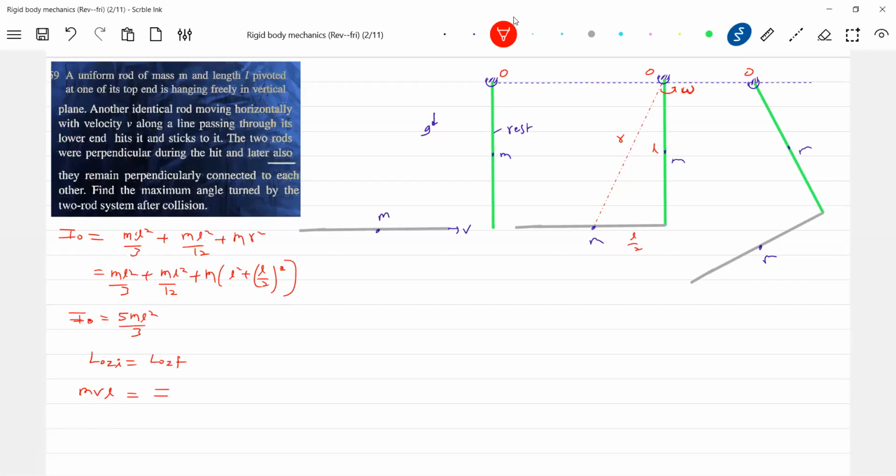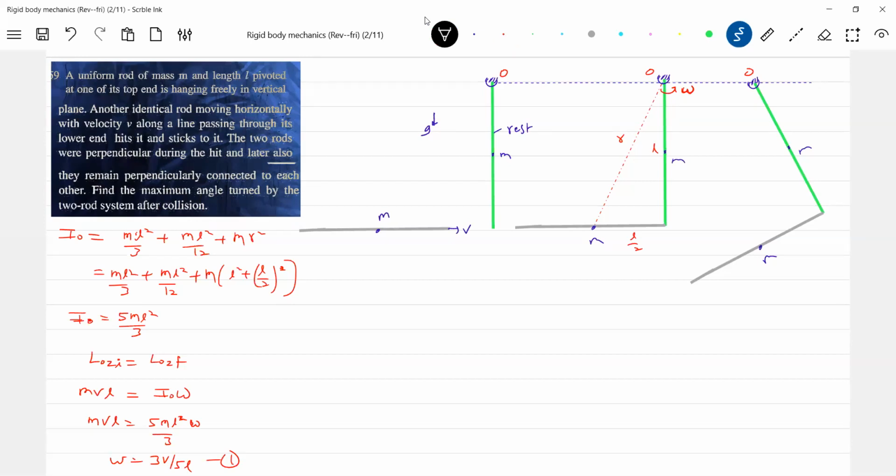Finally, it will become I_O omega. Omega is 3V by 5L. Let me take this as equation 1.